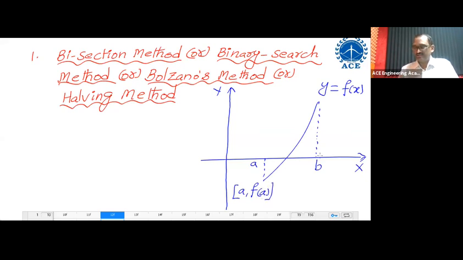Another endpoint is defined at x is equal to b, so the y coordinate is f of b. In the fourth quadrant, the y coordinate is negative. In the first quadrant, the y coordinate is positive.